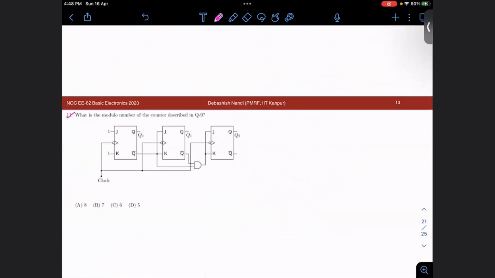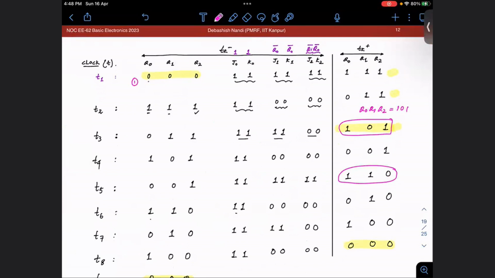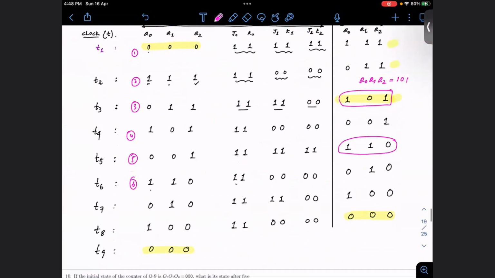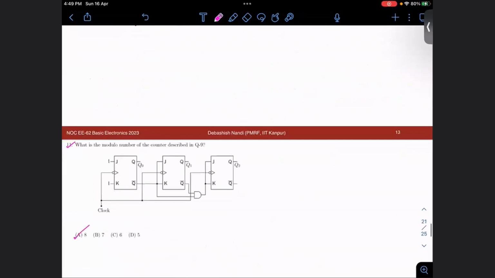So what is the modulo number of the counter considered in Q9? What will be my modulo? 1, 2, 3, 4, 5, 6, 7, 8. We have 8 distinct states, so it is a mod 8 counter. The modulo of the counter would be 8.